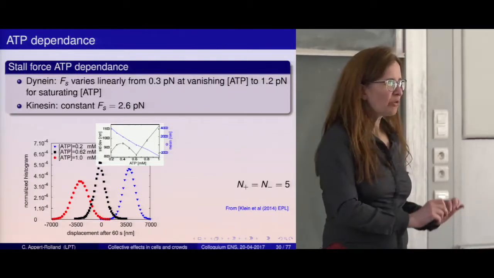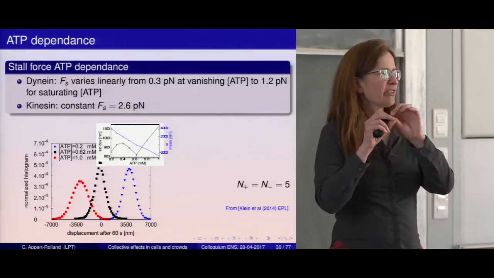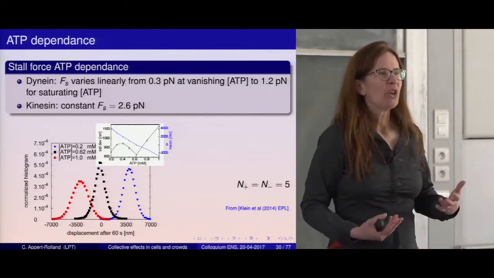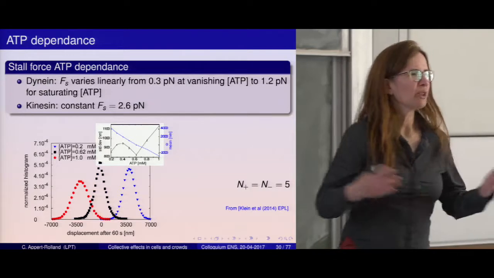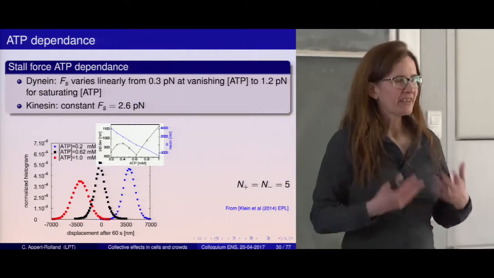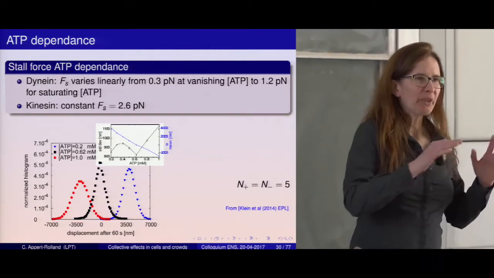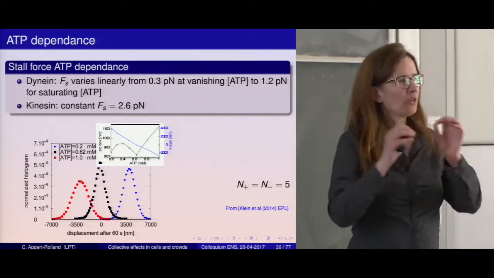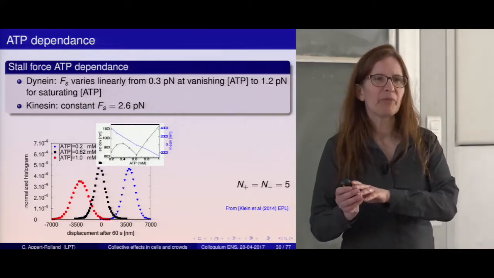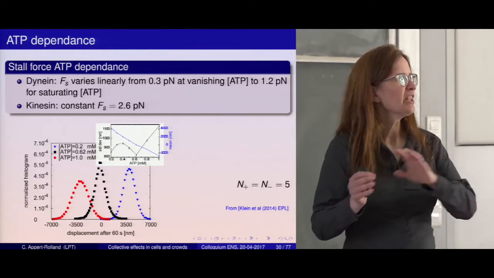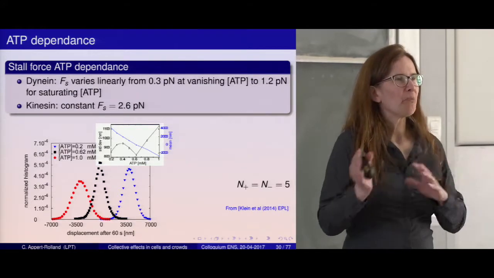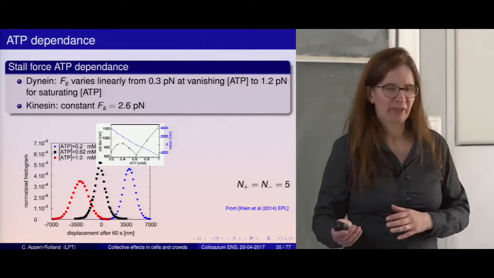So if you increase the ATP concentration, which is the source of energy, you could think if you give more energy, you will go faster. This is not the case, because depending if you have little or high quantity of energy, you will give more benefit to one team or to the other.